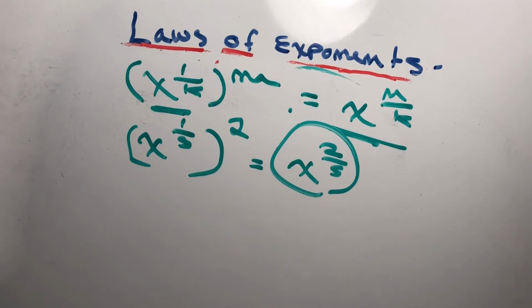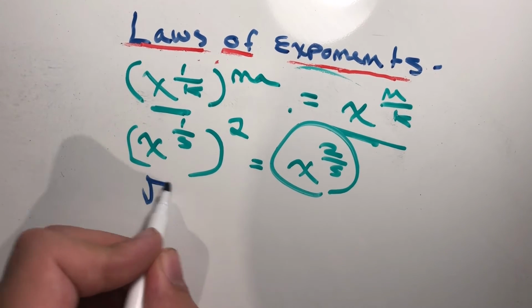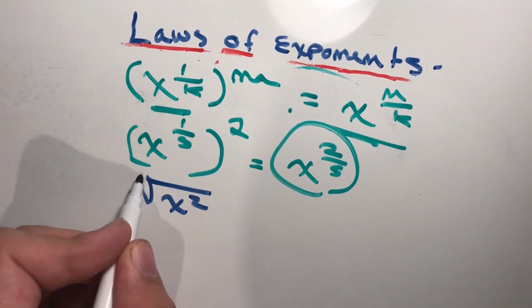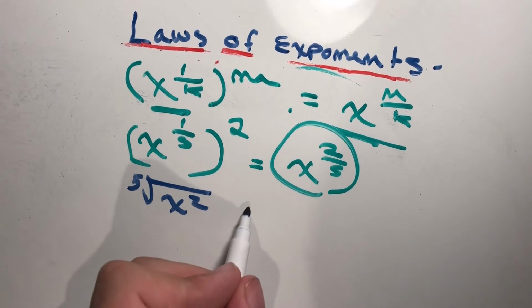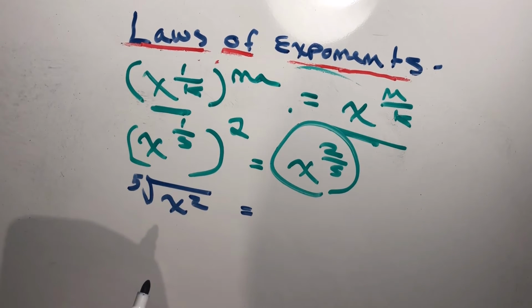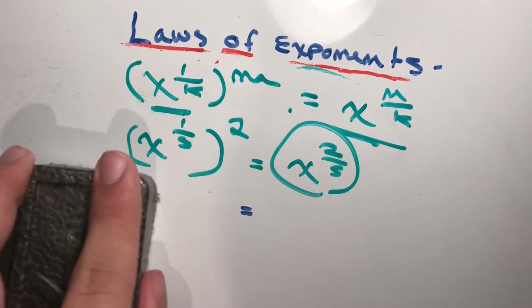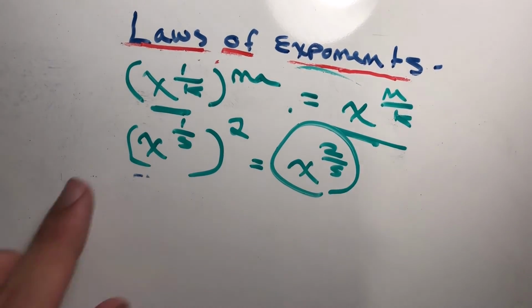Well, what I can do is I can write this as the square root of x to the 5th. Actually, let's not go there quite yet. My point is now that you can rewrite these things in nice fractional exponential patterns, right? We can now deal with these in a nice way.